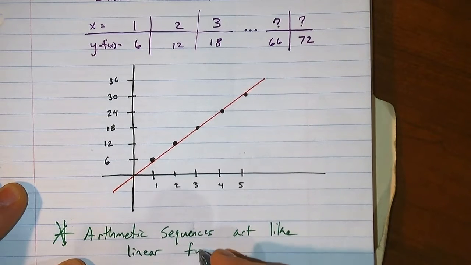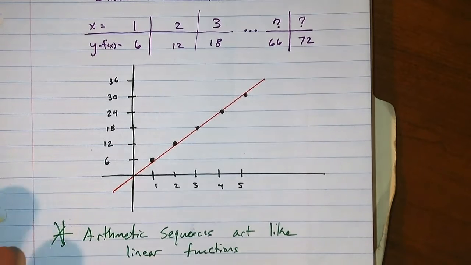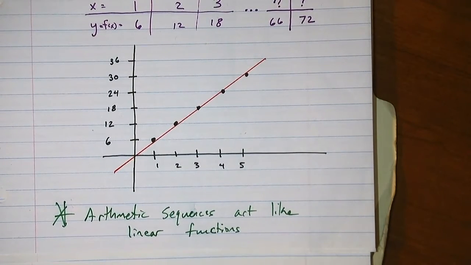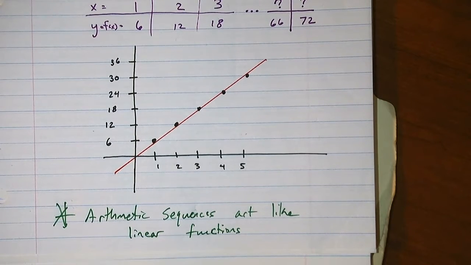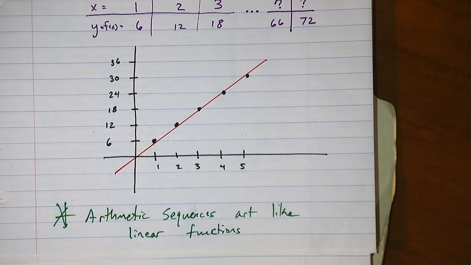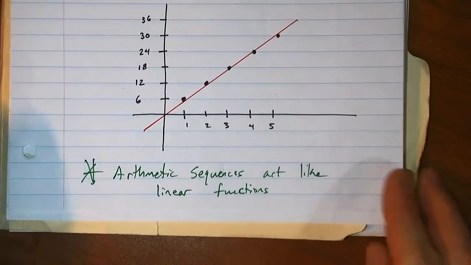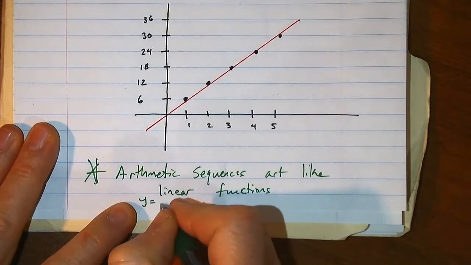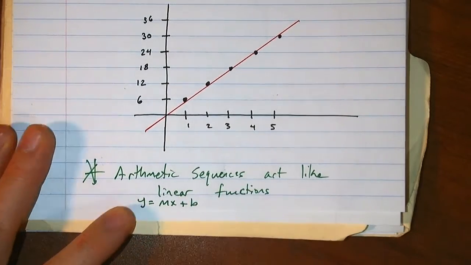Now, we haven't studied linear functions since last semester, so you might be a little bit rusty on linear functions, but you also studied them quite a bit in your last algebra class. So hopefully there are some ideas that you remember. Like, for example, when we're working with linear functions, we tend to write the equation y equals mx plus b.